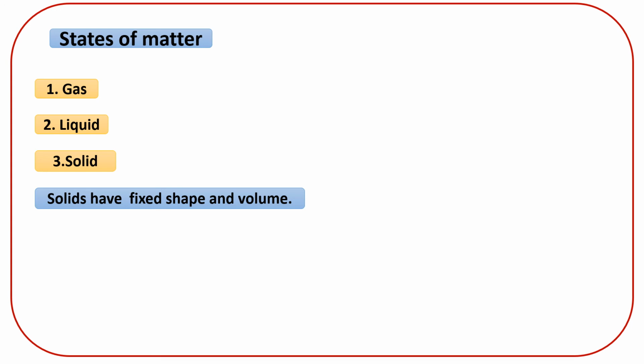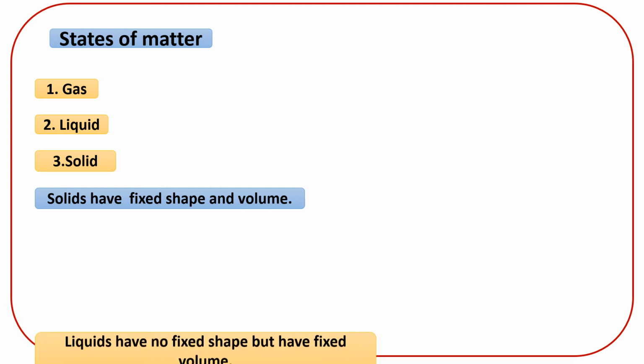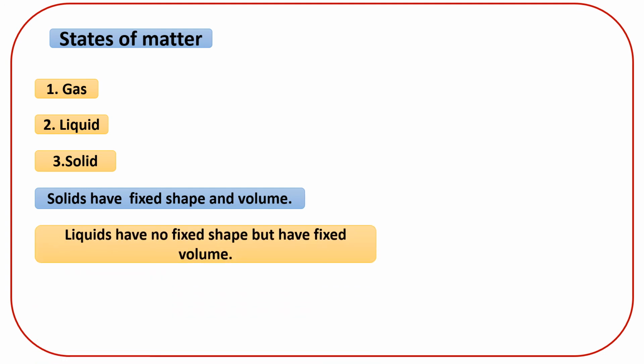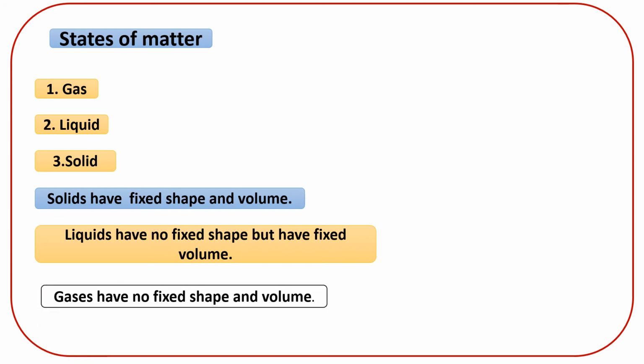And what have we talked about liquids? Thank you. Liquids have no fixed shape but have fixed volume. What about gas? Thank you. Gases have no fixed shape and volume.